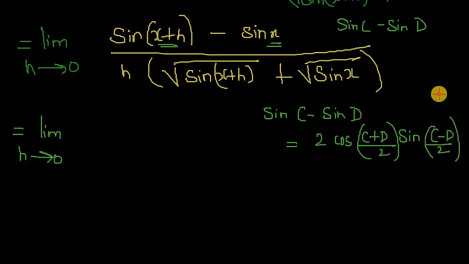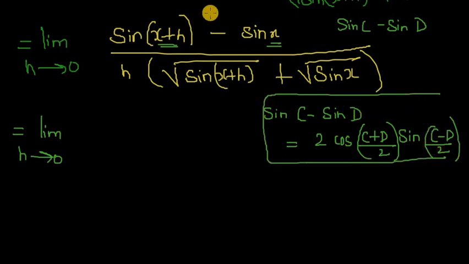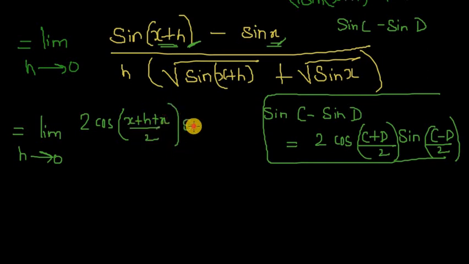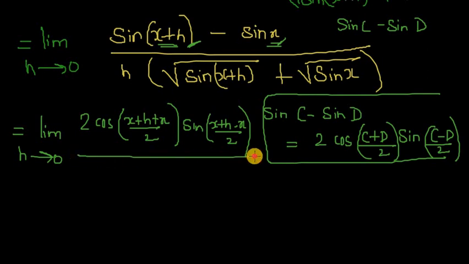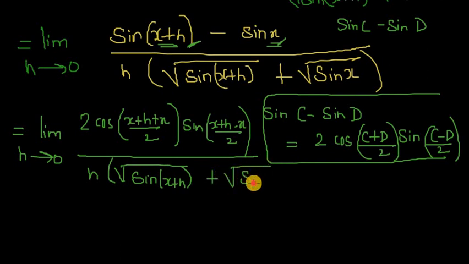So over here, what is my C? C is x plus h and D is x. So this will be 2 cos x plus h plus x by 2 into sin x plus h minus x by 2, and the denominator remains as it is, h into square root sin x plus h plus square root of sin x.